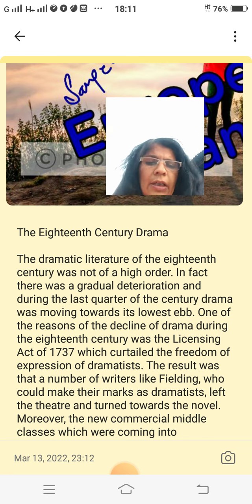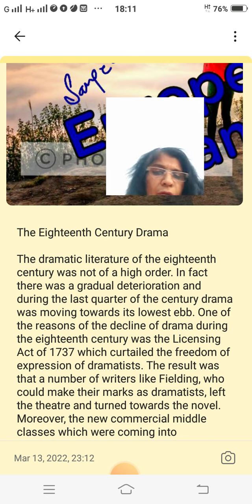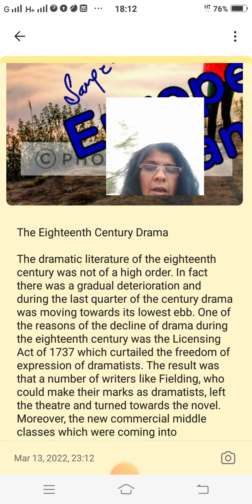One of the reasons for the decline of drama during the 18th century was the Licensing Act of 1737, which curtailed the freedom of expression of dramatists.